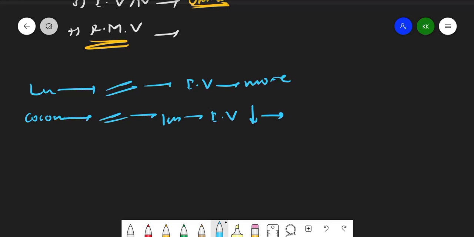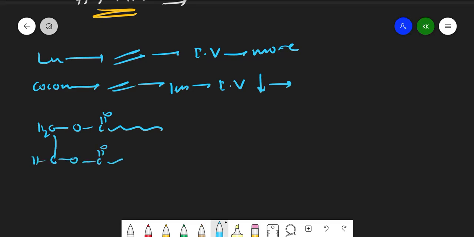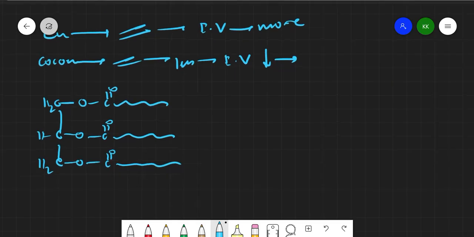So the compounds which have a lower iodine value will have a very good structure. Since they don't contain any unsaturation, they can be very nicely crystallized.